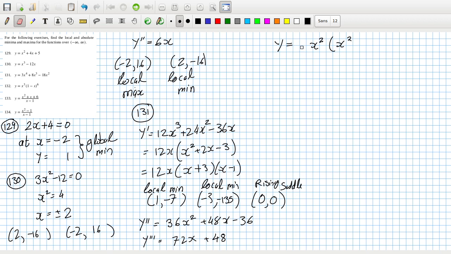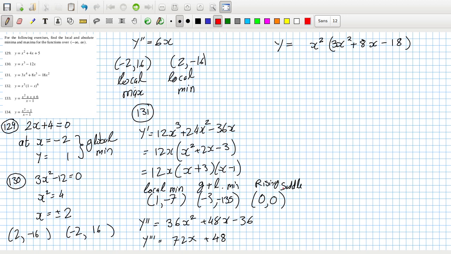Oh, I shouldn't take the 3 up. 3x squared plus 8x minus 18. It's a quadratic times a quadratic. So it makes me think that that is indeed a global and a local min. Global plus local min.